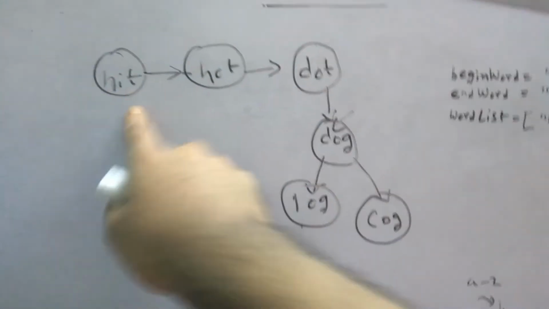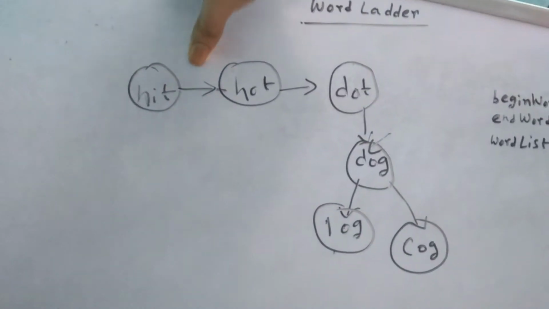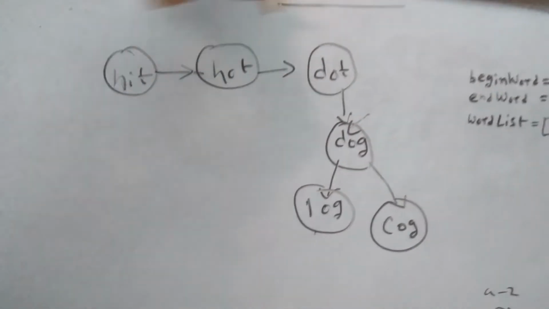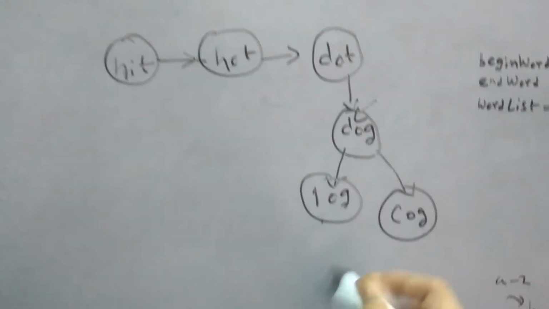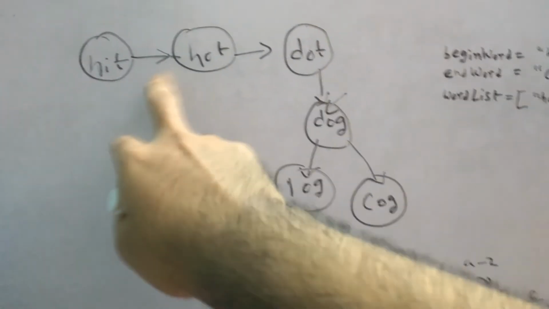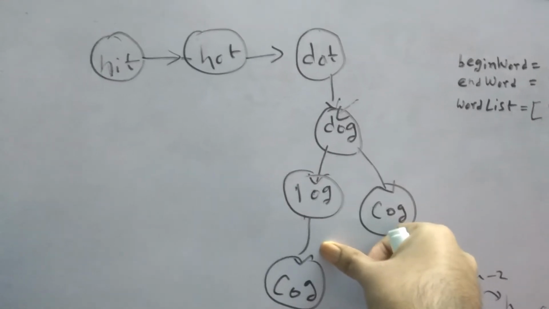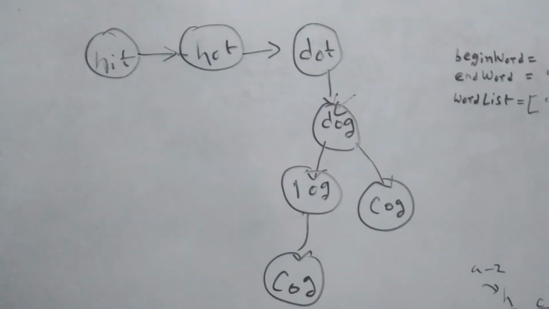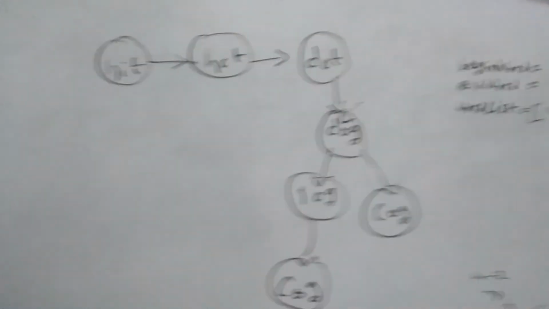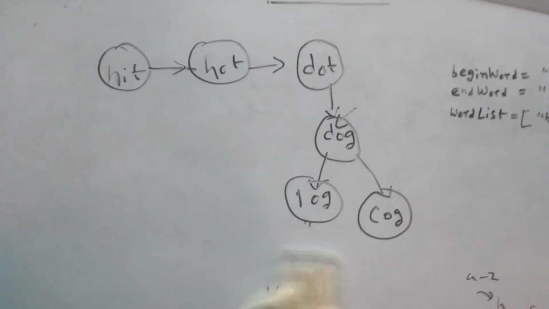So now if we calculate, we have 1 2 3 4. So this is the minimum way to reach from hit to cog. If we do it like this and write cog here, we are unnecessarily putting in one extra level. That is not required because this cog is already reachable from dog. So that's why we will be putting it here. So that part we also have to take into consideration.